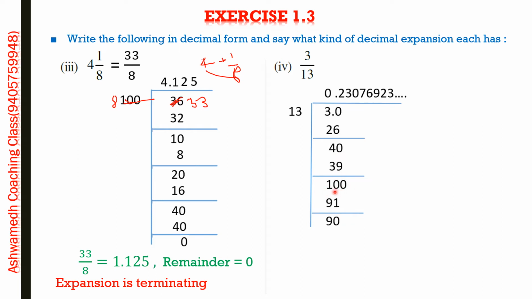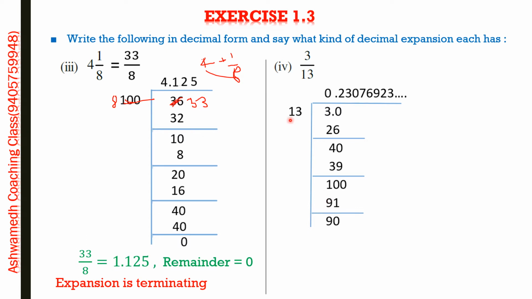We cannot divide 10 by 13, so we take another 0 and get 100.